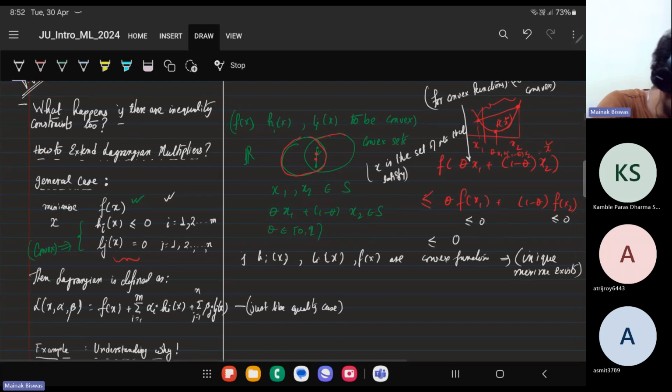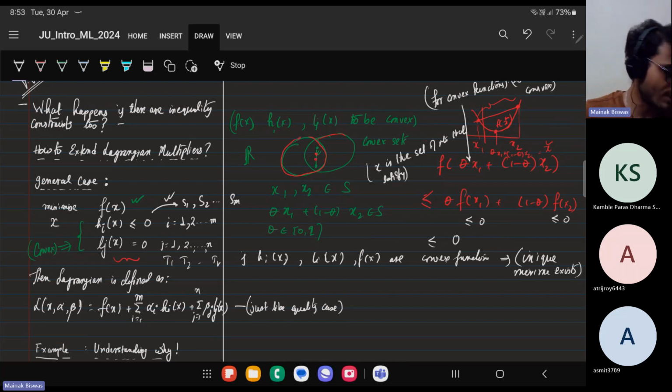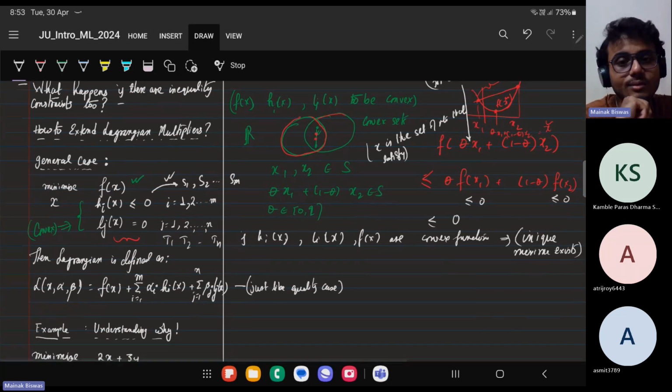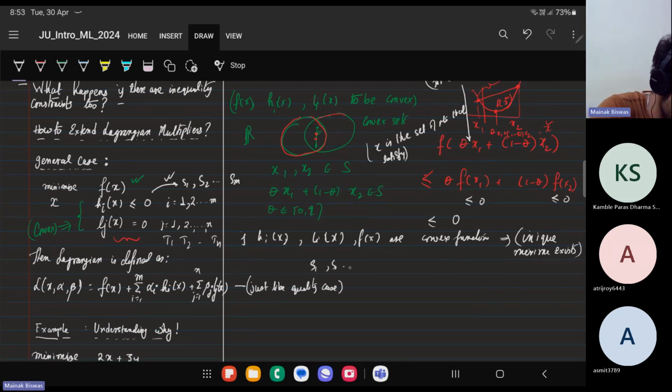So say this is S1, S2, dot Sm, let me write T1, T2, Tn. So what will be the set in which you will be finding your solution? Can you tell me? And we have shown S1, S2, Sm, T1, T2, Tm are convex sets.